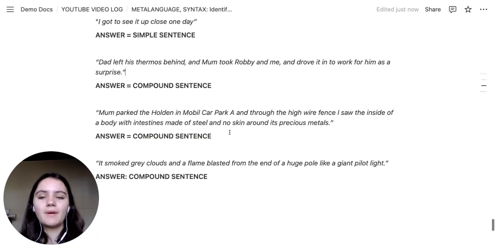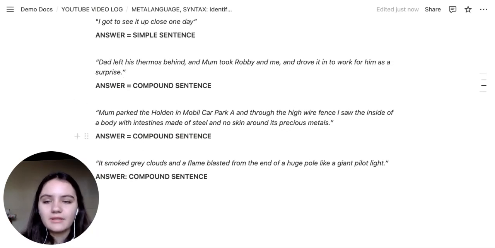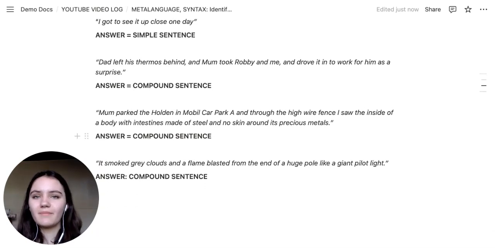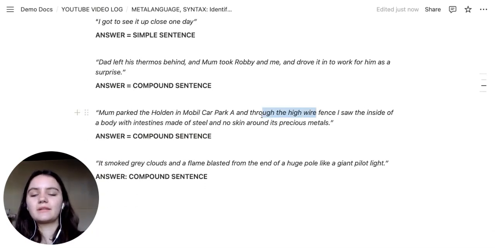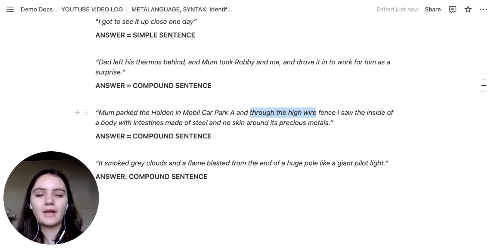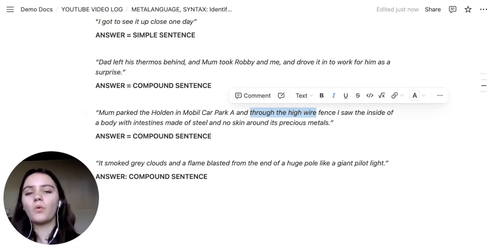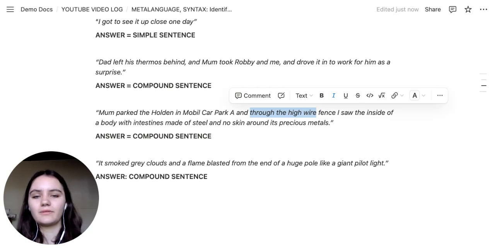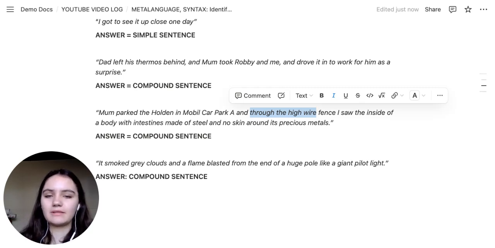We have "Mum parked the Holden, I saw the inside of a body," being another compound, even though we have this prepositional phrase coming before the independent clause of "I saw." It's still just treated as one clause. And you can even justify this in your head by saying, it could say, "and I saw through the high wire fence the inside of a body."